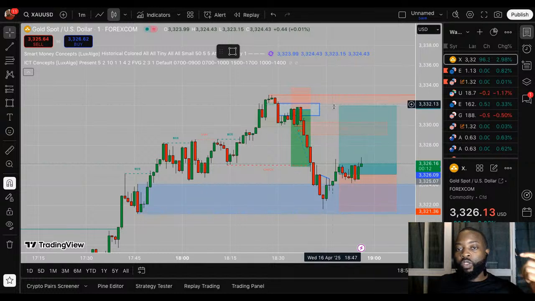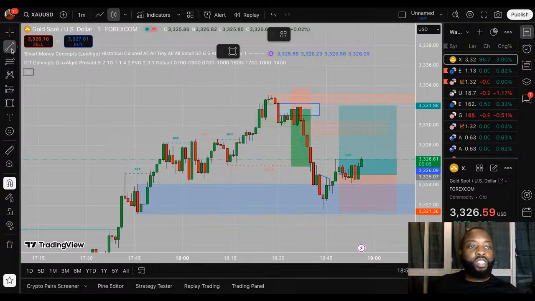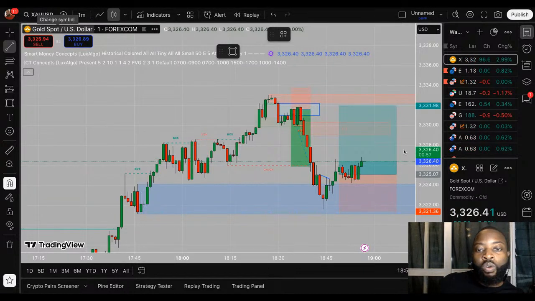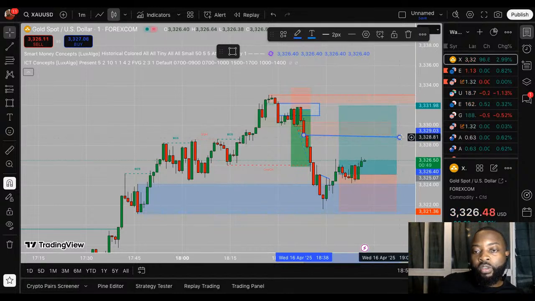Our TP2 is there. TP1 is in this area. Once we move into this fair value gap, at least 50% of that area, we need to be able to move our stop loss to entry or close some of our trades. This is a very important area.